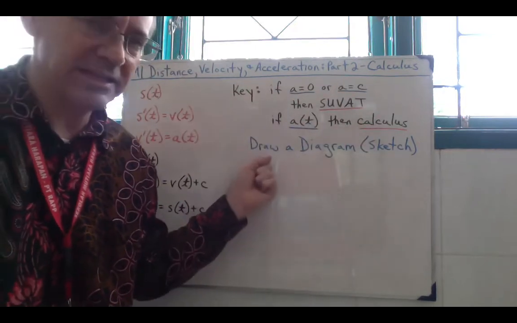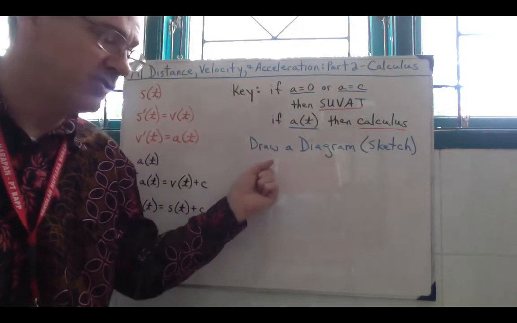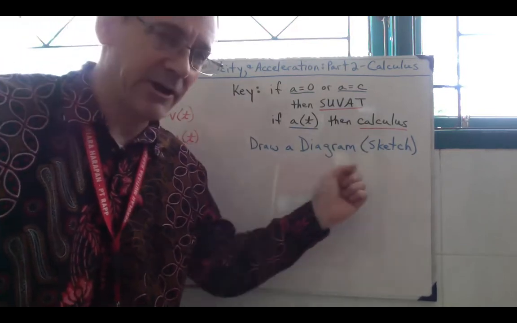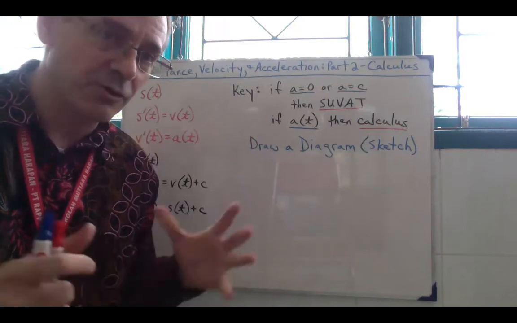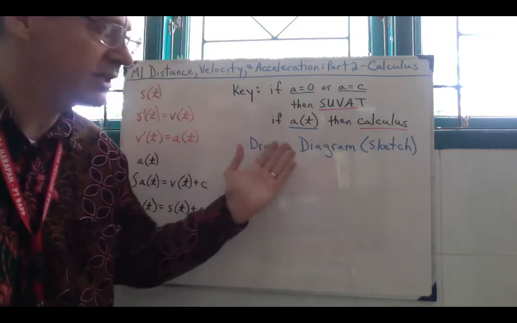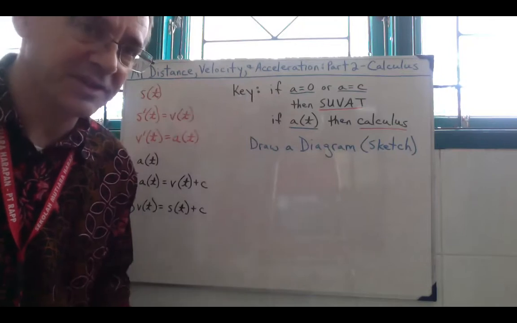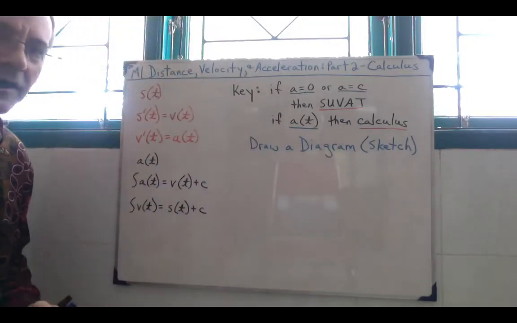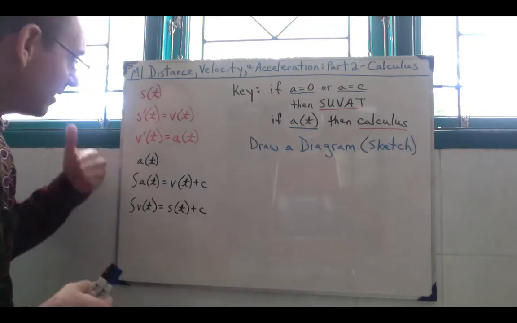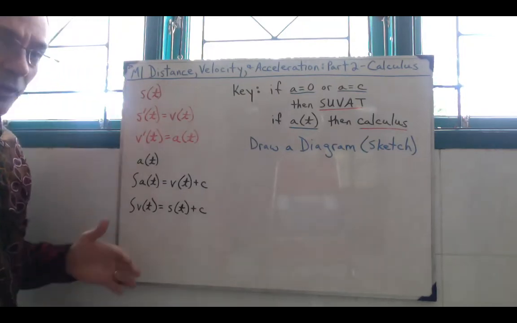And then, of course, just a reminder, the second thing you should do is draw a diagram, a quick sketch to give you some sort of spatial orientation, which is really helpful for these kinds of physics-oriented math questions. So let's look at our calculus equations or formulas.